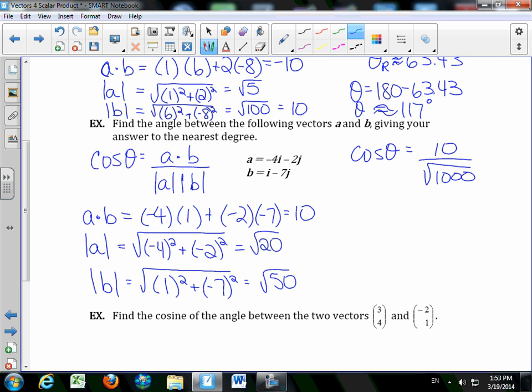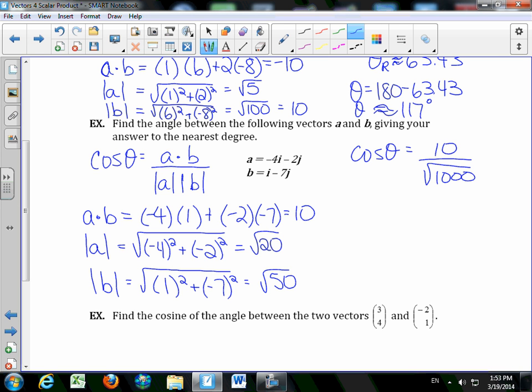And since it's positive, we should get an acute angle. It should be between 0 and 90 degrees because that's quadrant 1 where cos is positive. Now again, that doesn't mean that our vector angle is going to be located in quadrant 1. It's just for the purposes of determining the size of the angle.